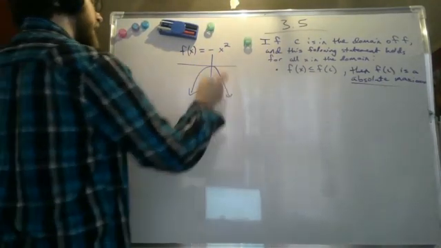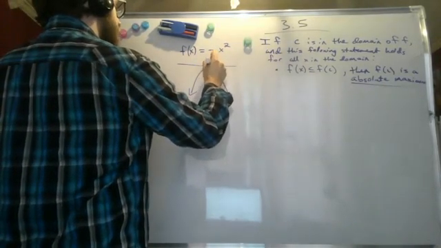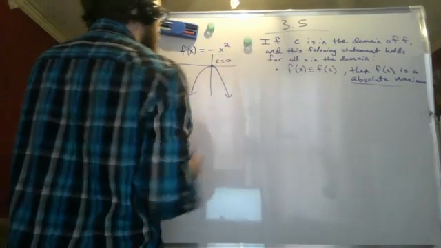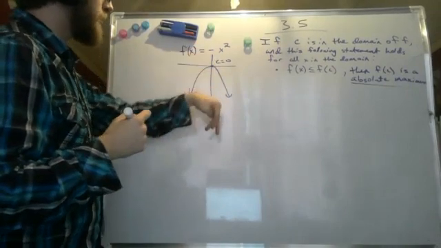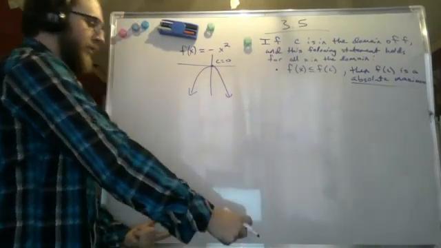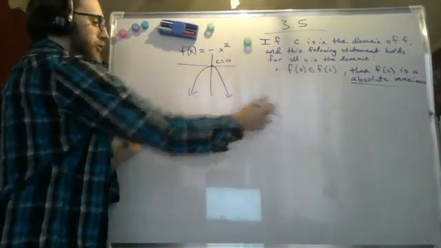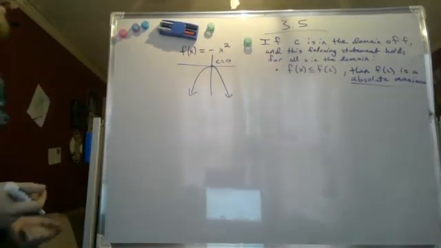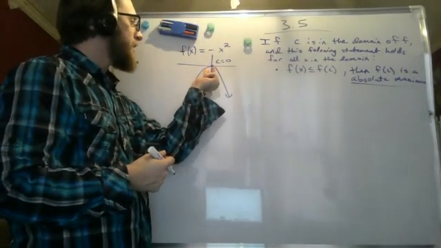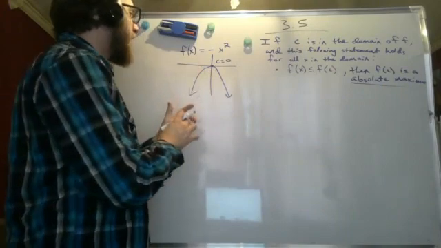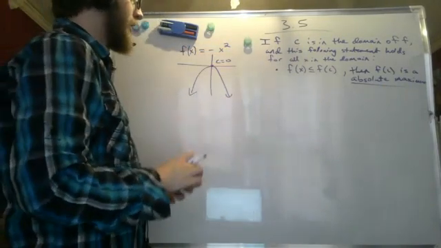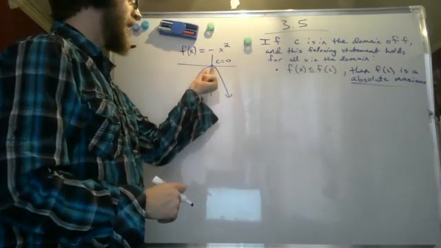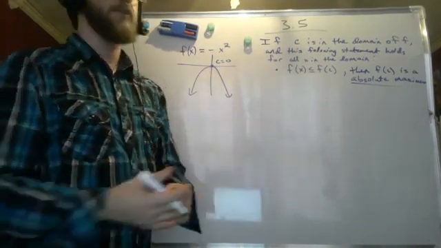If you consider when c equals 0, then that's the very tippy top of this upside down parabola before it zooms off to negative infinity in either direction. This is the highest point that this graph ever reaches, and then it goes down forever. So this is an absolute maximum.